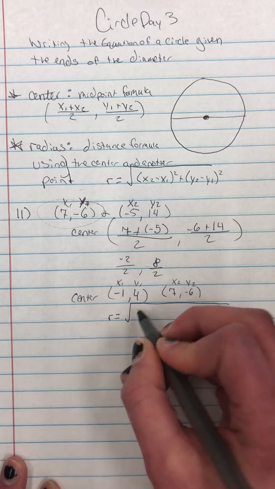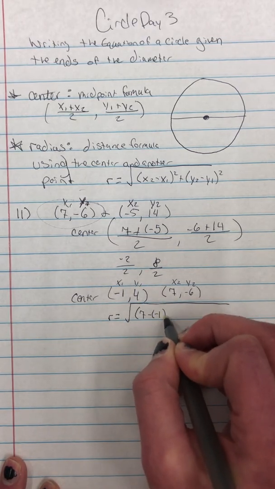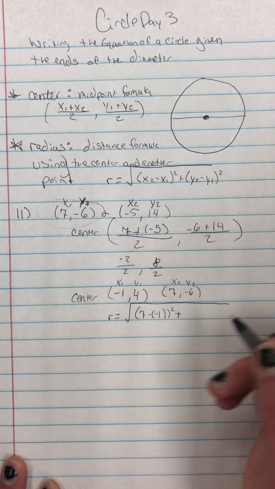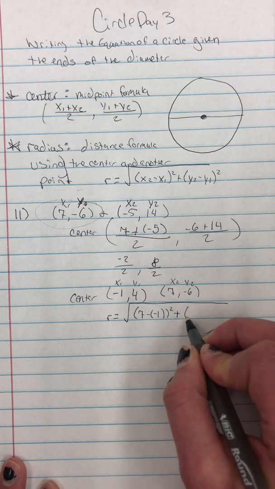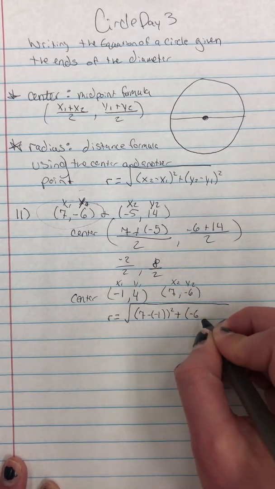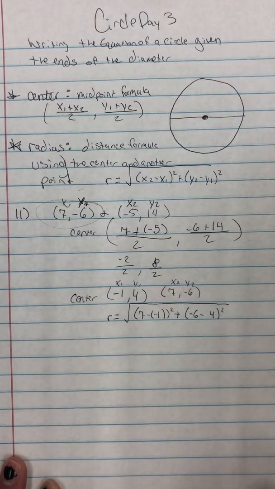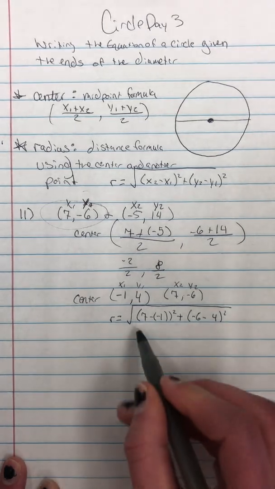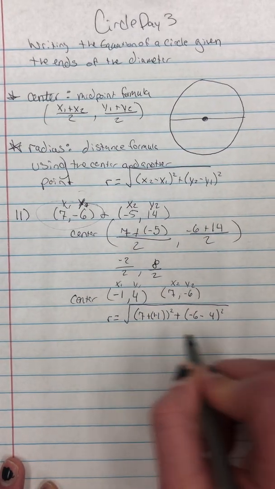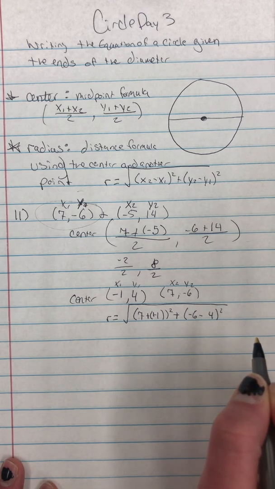We do x2, or 7, minus x1, or -1, plus y2, which is -6, minus y1, or 4. If you subtract a negative, that's the same as adding a positive, so that's 7 plus 1, which is 8.